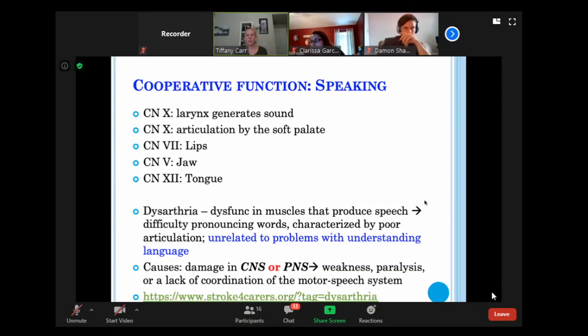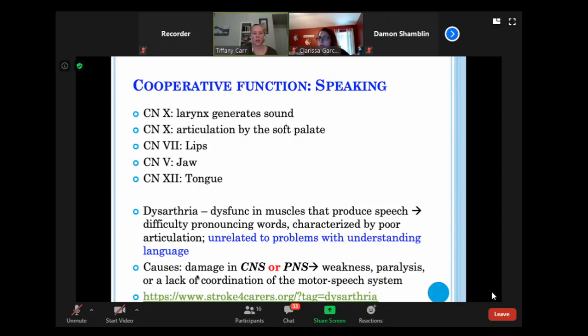Maddie was touching on a little bit of these earlier. So dysarthria is a dysfunction in the muscles that produce the speech. They have difficulty producing words, characterized by poor articulation. So if they had spasticity in their tongue, they're going to have dysarthria because they're not going to be able to produce the actual sounds that they need to make when they're speaking.